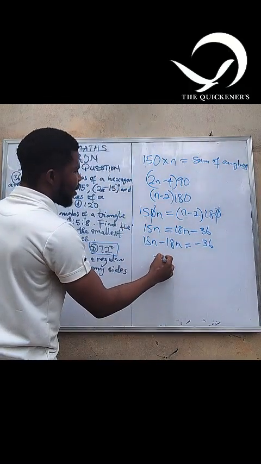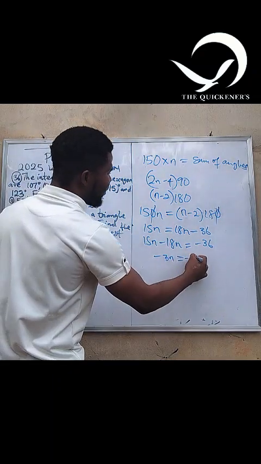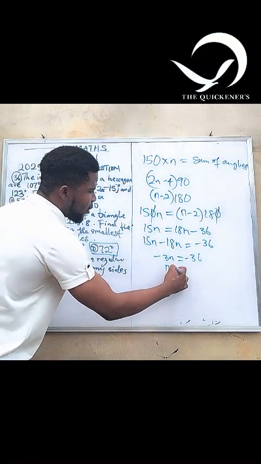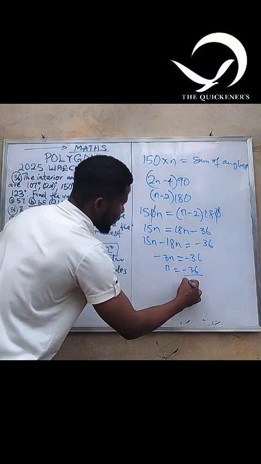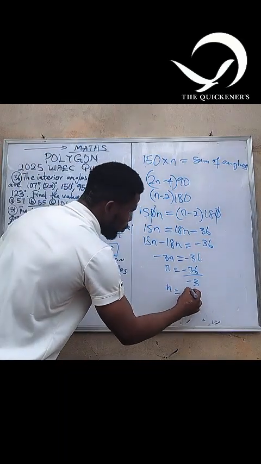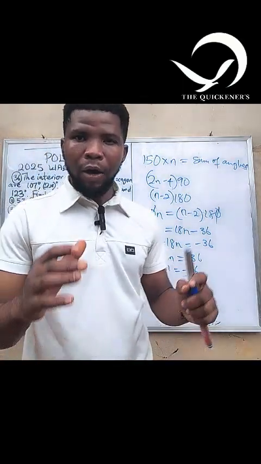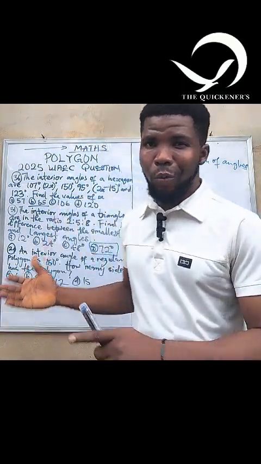So this is minus 3n, right? Equal to minus 36. When you divide both sides by minus 3, what do you have? n is now what? n is given as 12. Okay? The number of sides is 12. Right?